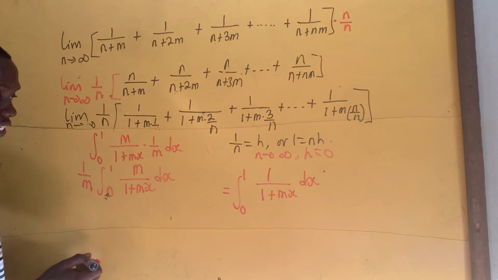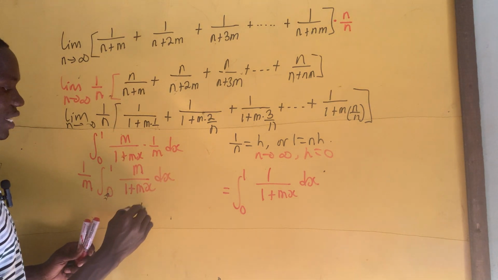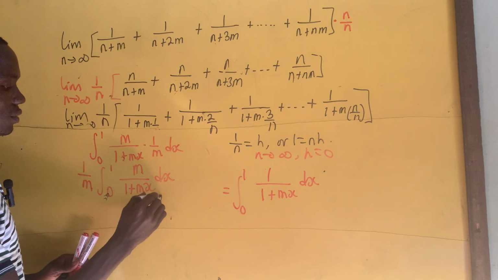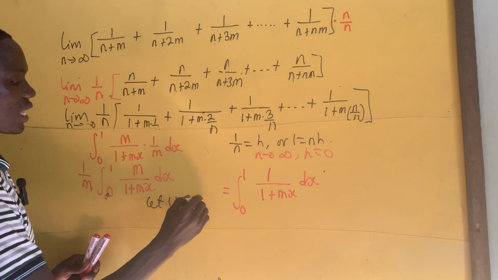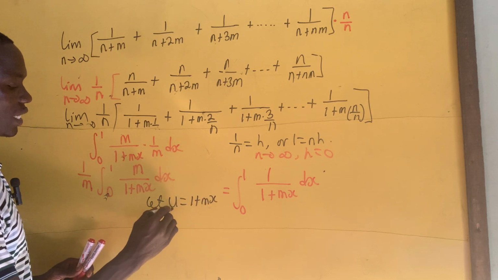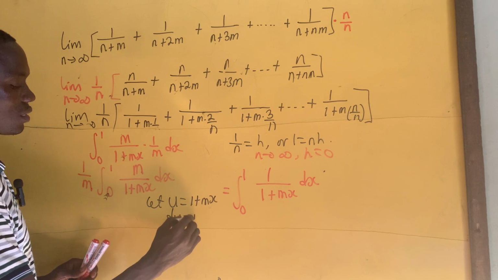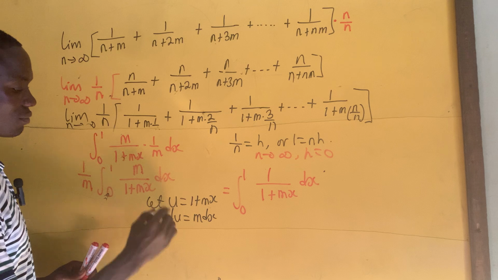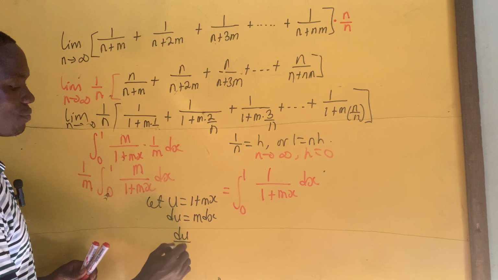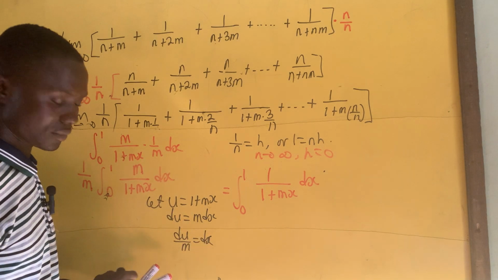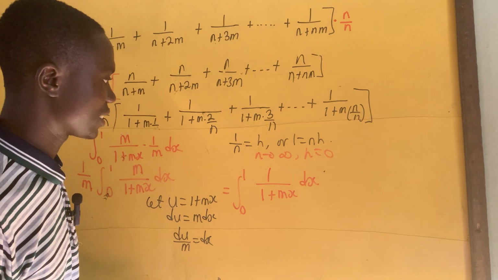Now we use the substitution method. Let u equal 1 plus mx, so du equals m dx, and du on m equals dx.